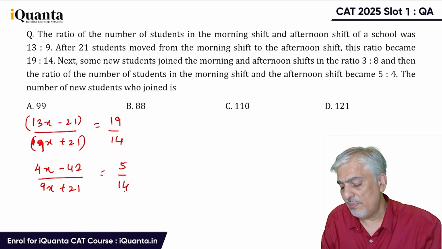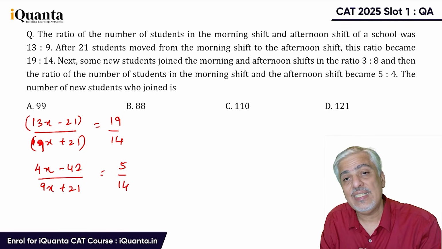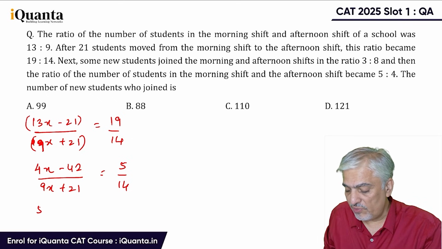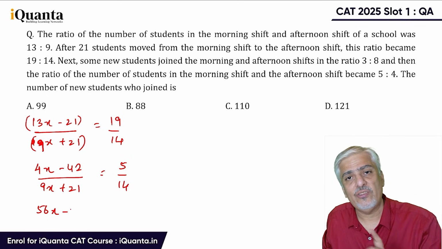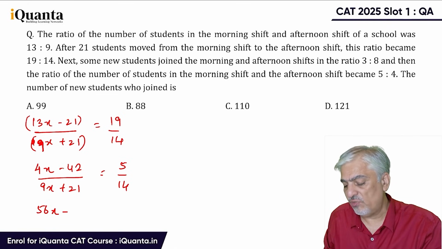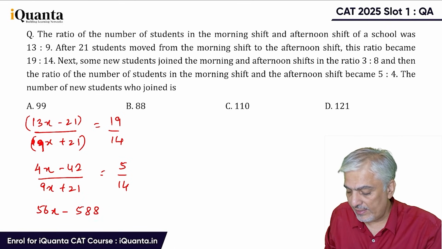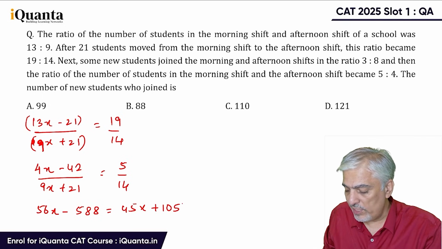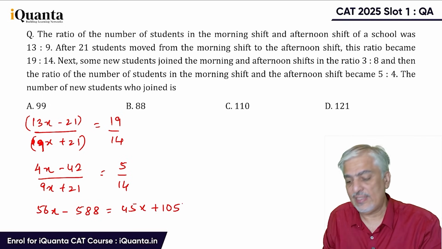Just your calculation became slightly easier. 14 4s are 56x. I'm just going to calculate till the value of x because the remaining part of this method will be the same. 14 40s are 560, 560 plus 28 is 588 is equal to 45x plus 105. We'll just reach the value of x to check whether we got x right.